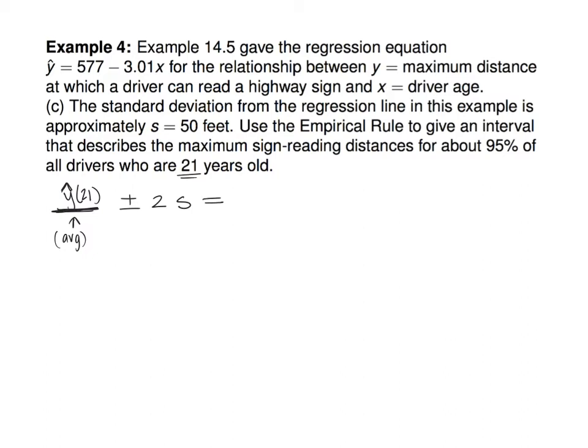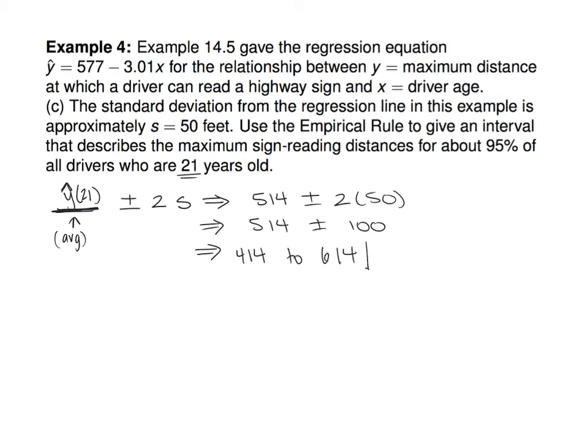So that y hat that you found is 514 plus or minus 2 times 50. Same thing as 514 plus or minus 100, which as an interval is 414 to 614.